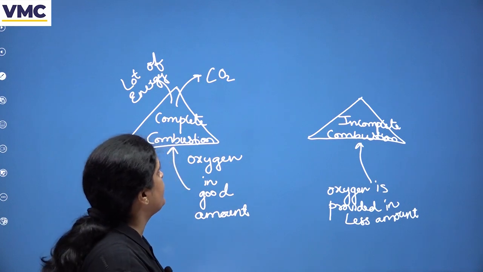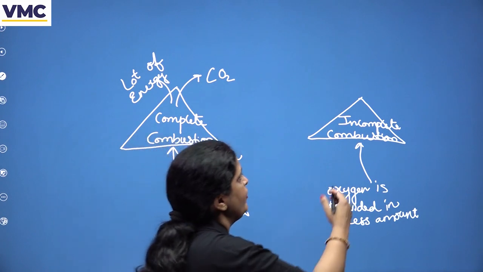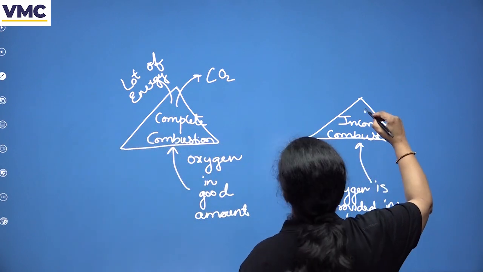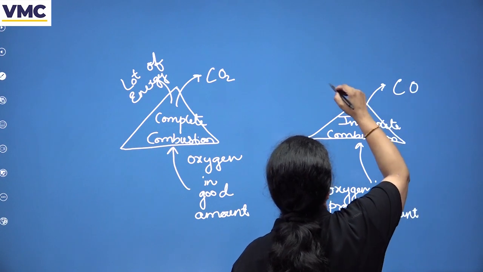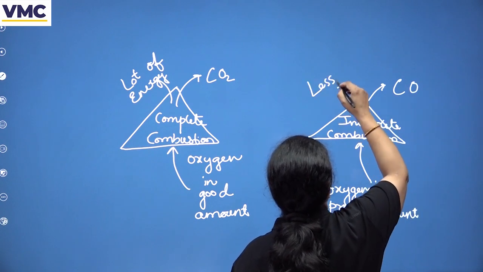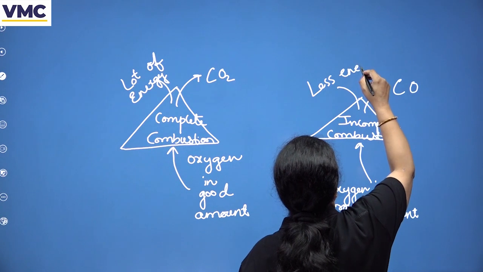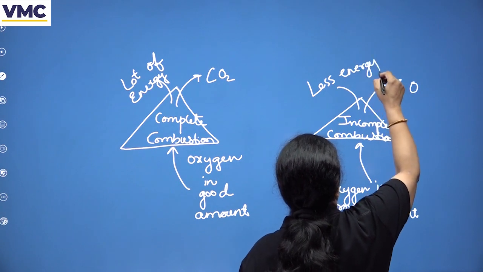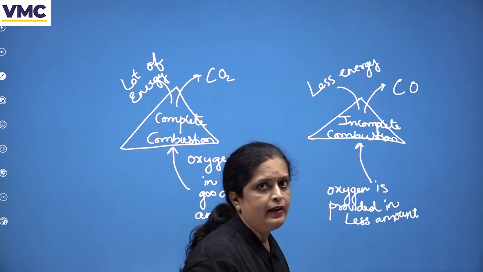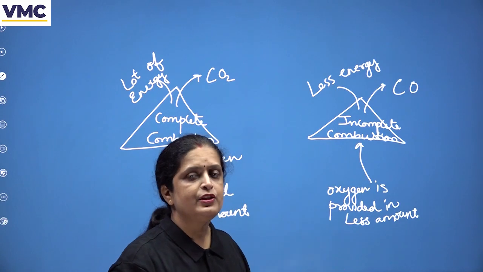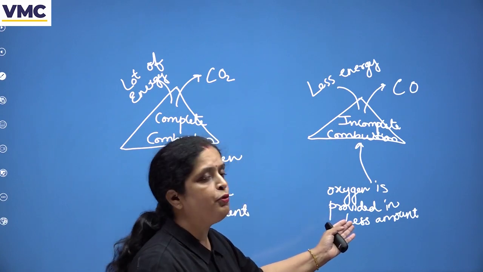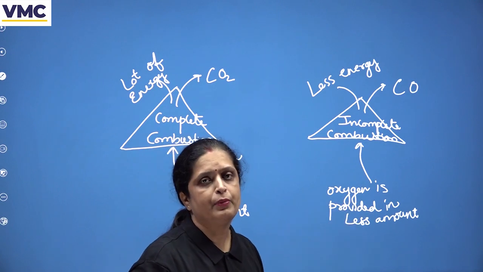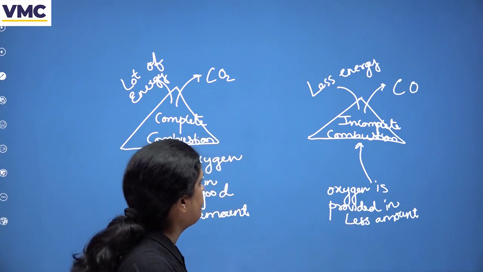A lot of energy is produced in complete combustion, whereas in incomplete combustion, carbon monoxide is produced and less energy is produced. Less energy means wastage of fuel as well, right? Wastage of fuel, pollution, all this happens during incomplete combustion.